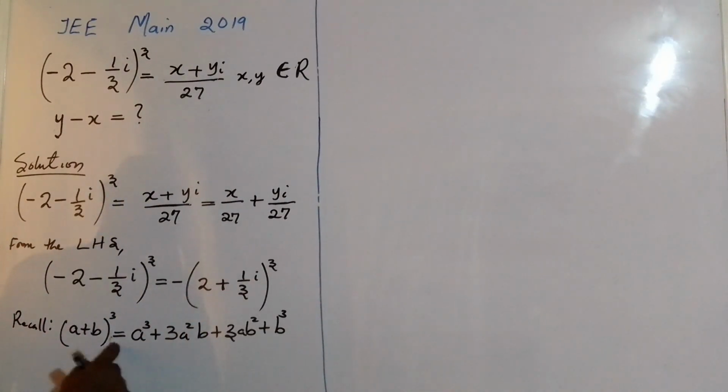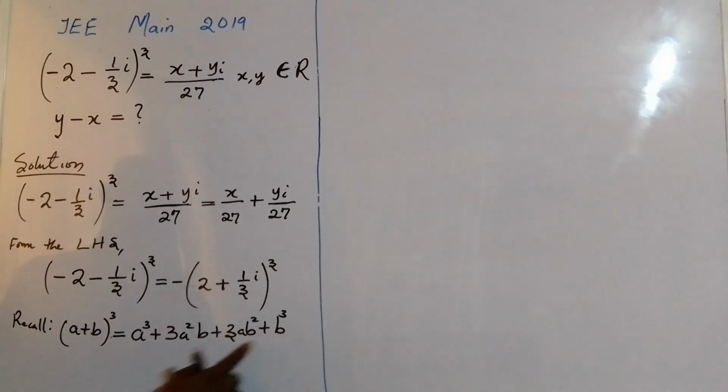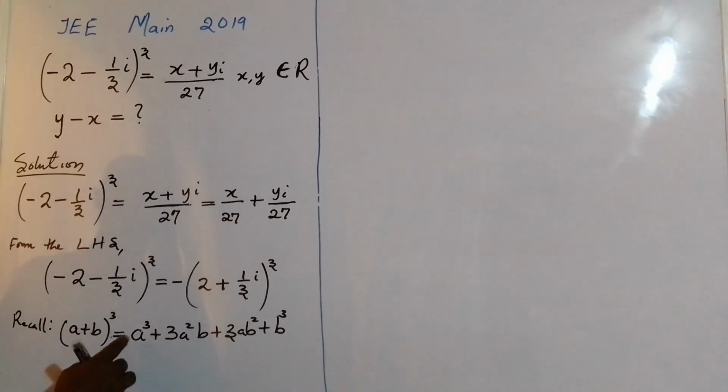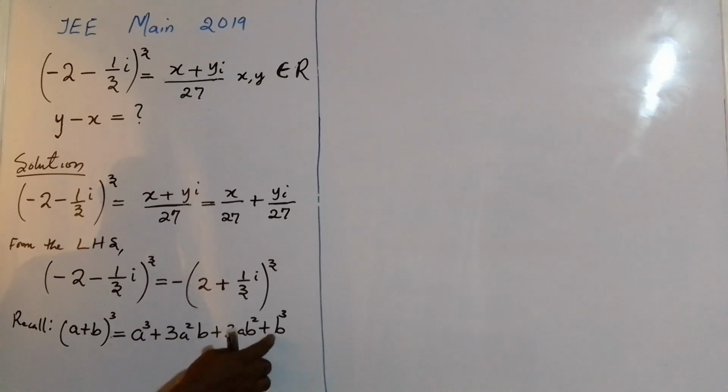This is using what I call binomial expansion, using Pascal's triangle in this case, where the coefficients will be 1, 3, 3, 1. That's the coefficient of each of the terms.